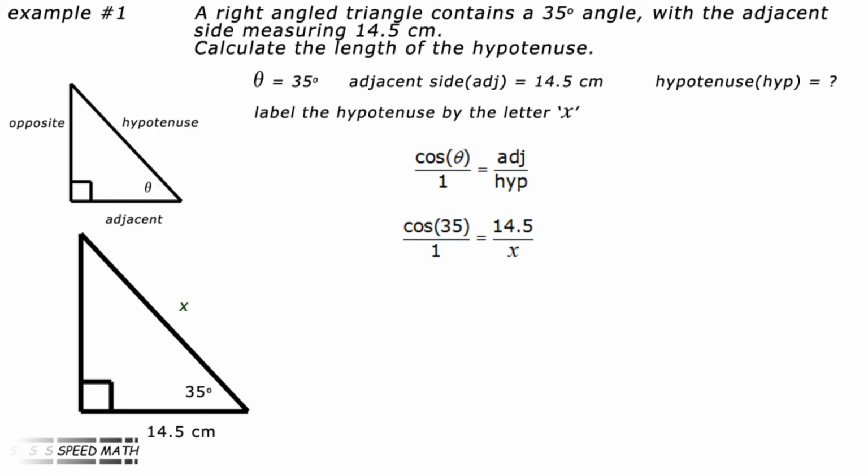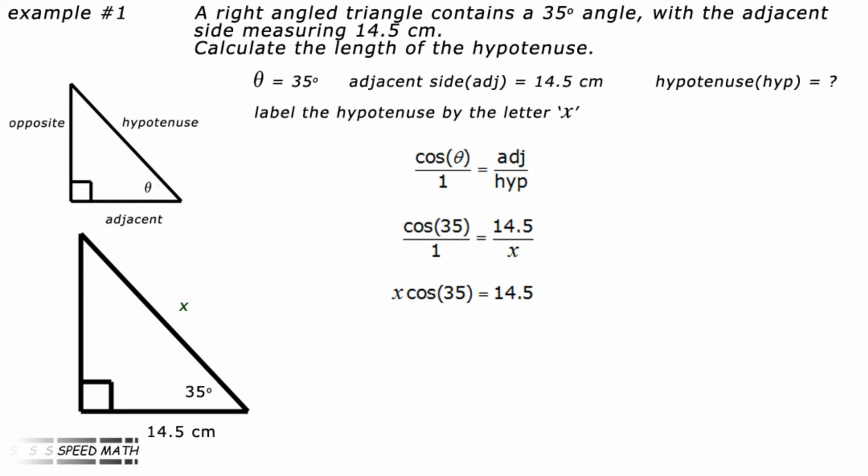Repeat this putting in the values of theta and the adjacent side. Then we get cosine 35 degrees over 1 equals 14.5 over x. Now cross multiplying, top left by bottom right equals top right by bottom left. This gives x cosine 35 degrees equals 14.5.